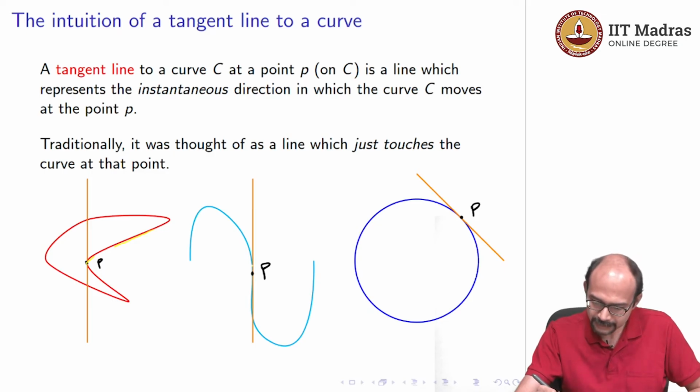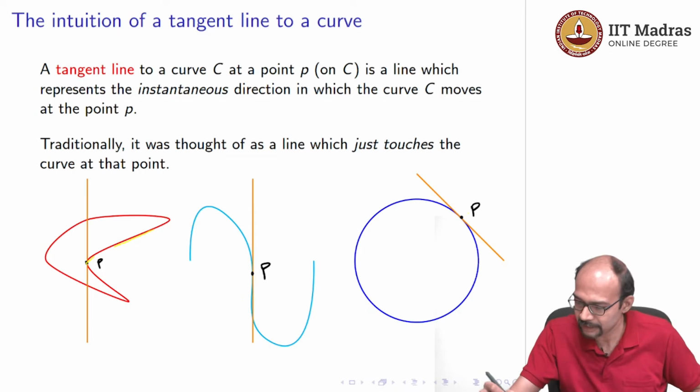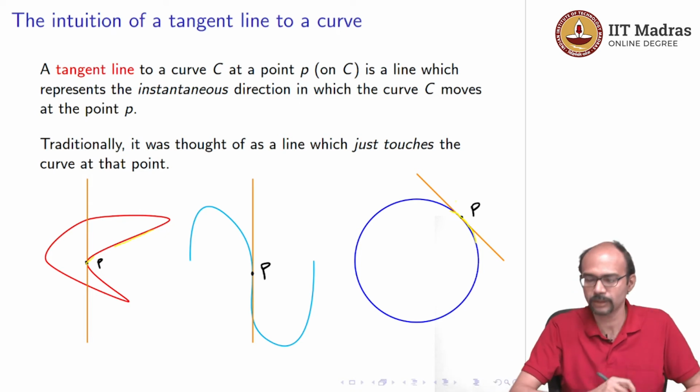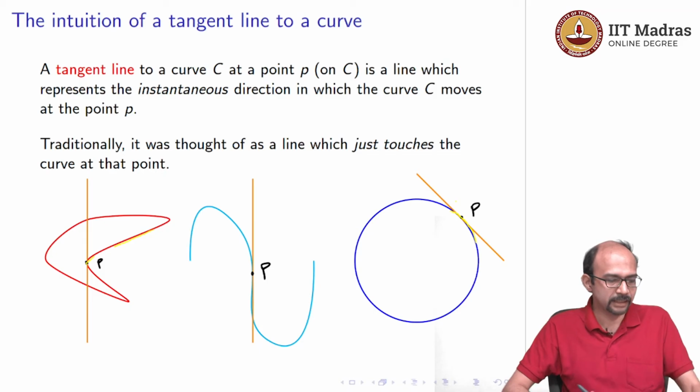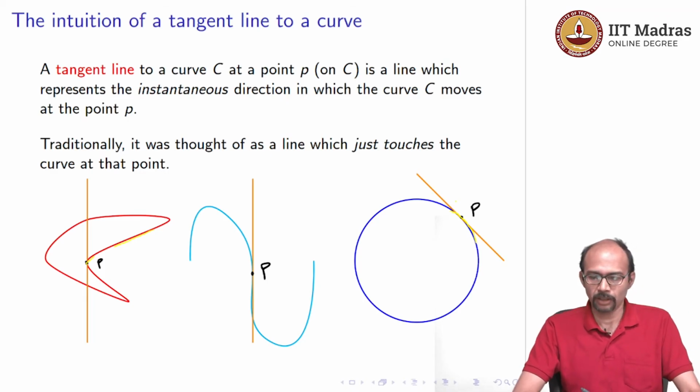So over here, this is the instantaneous direction in which the curve is moving, and similarly for the circle, this is the instantaneous direction. So if you come like this, you can see now it is very close, and again that is the case. Okay. So it is the instantaneous direction in which the curve is moving. So at that point, and the emphasis is on the word instantaneous, which is why it is highlighted.